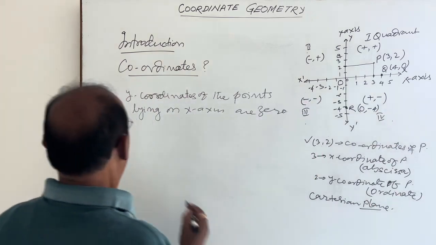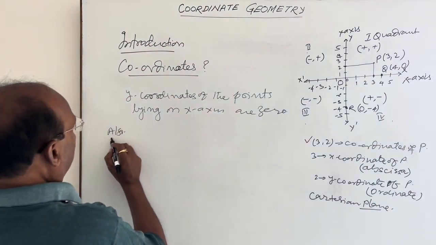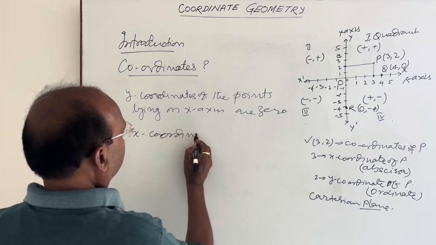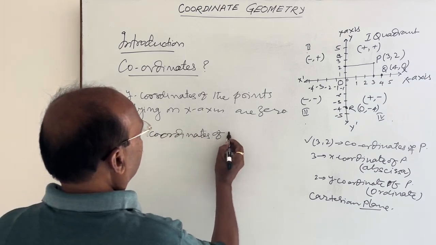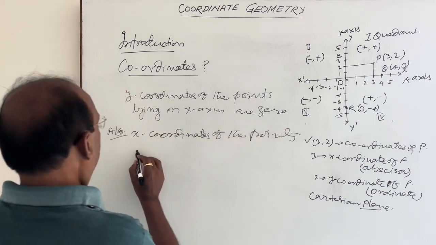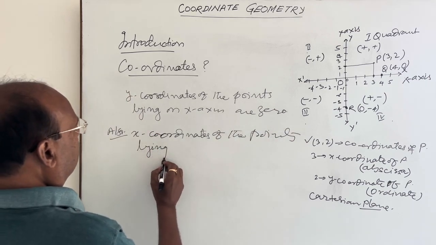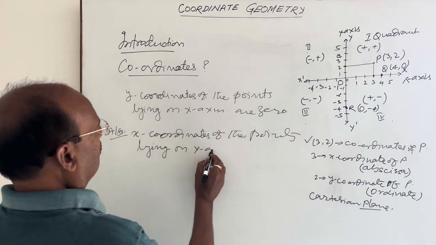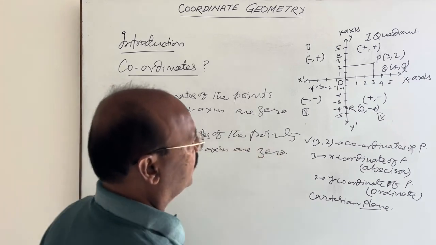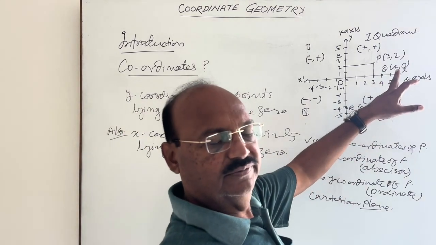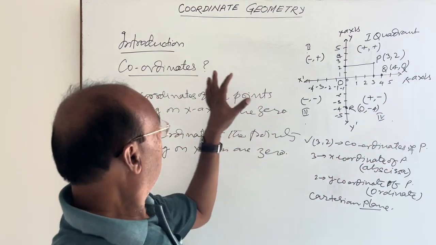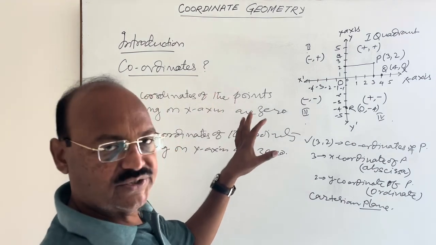So similarly we can write that x coordinates of the points lying on y-axis are 0. Example is point R. Correct? So these are very basic concepts on coordinates. Hope you have understood it.